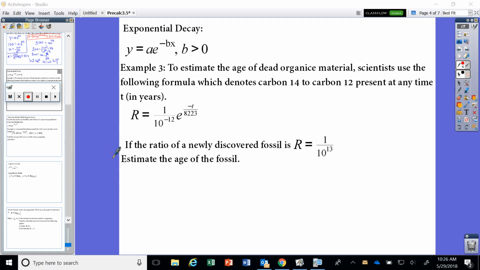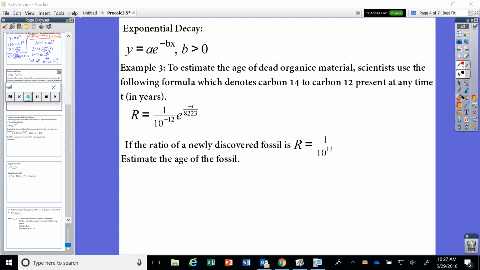To estimate the age of dead organic material, scientists use the following formula, which denotes carbon-14 to carbon-12 present at any time t. Your formula is right there. If the ratio of a newly discovered fossil is R equals 1 over 10 to the 13th, estimate the age of the fossil.